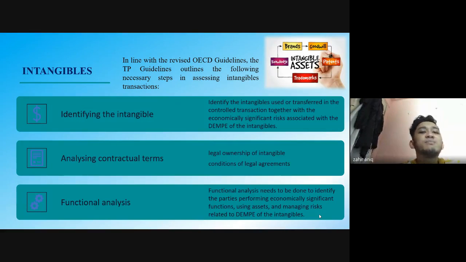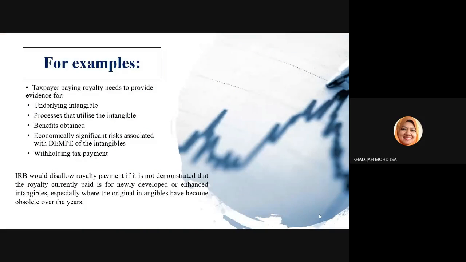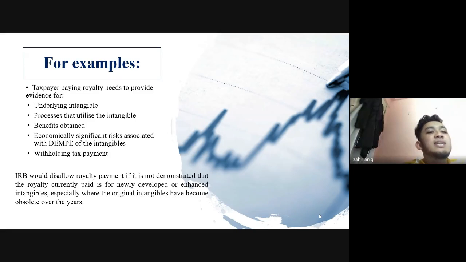So, for example, for an intangible, a taxpayer paying royalty needs to provide evidence of the underlying intangible process, the intangible benefit obtained, the economically significant risks associated with the DEMPE of the intangible, and the withholding tax payment.